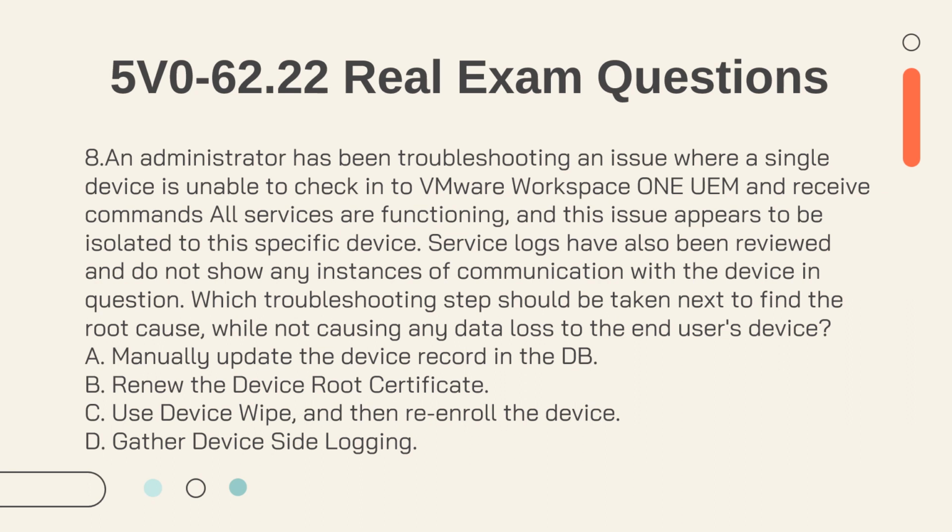Which troubleshooting step should be taken next to find the root cause, while not causing any data loss to the end user's device? A. Manually update the device record in the DB. B. Renew the device root certificate. C. Use device wipe and then re-enroll the device. D. Gather device side logging.